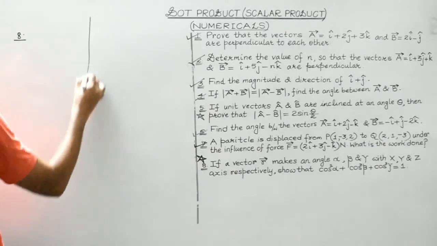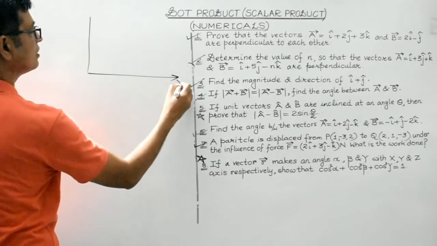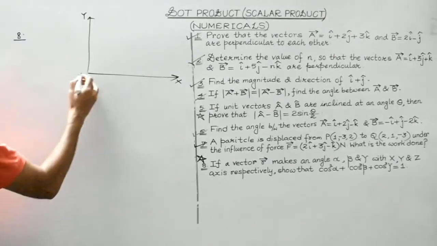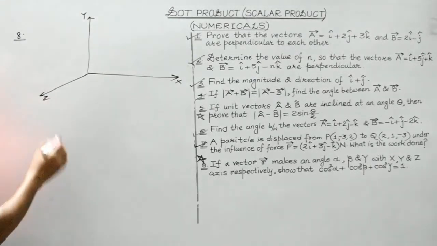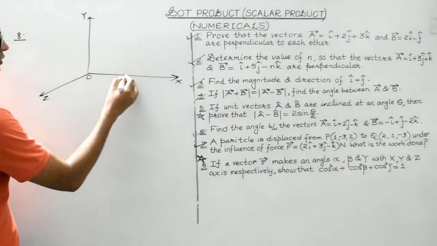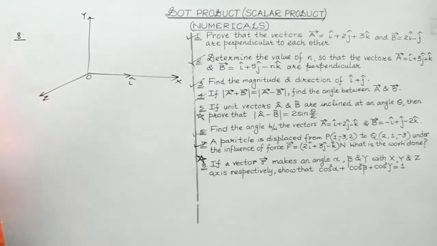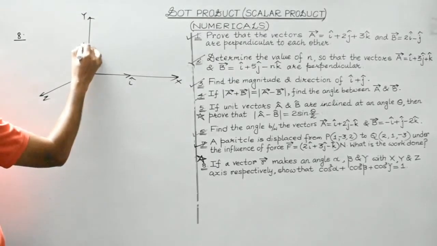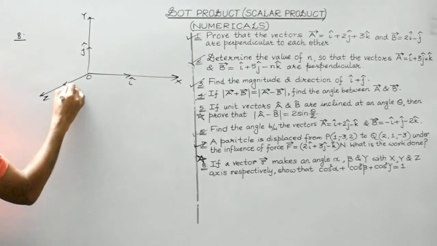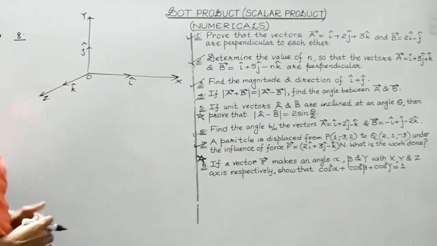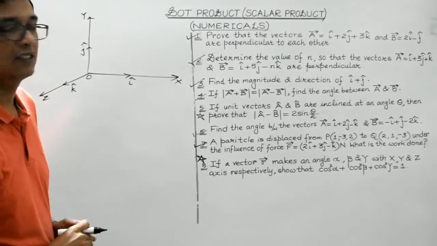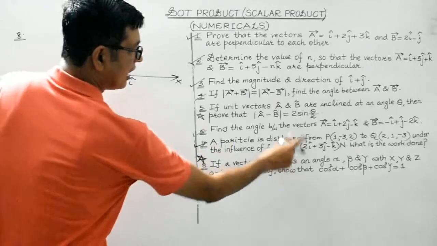Now, this is the situation. It's a 3D case. This is the x-axis, this is the y-axis and this is the z-axis, and this is the origin. We are aware that i cap represents the direction of the x-axis, j cap is a unit vector representing the direction along the y-axis, and k cap is a unit vector representing the direction along the positive z-axis, right? And an r vector is given.